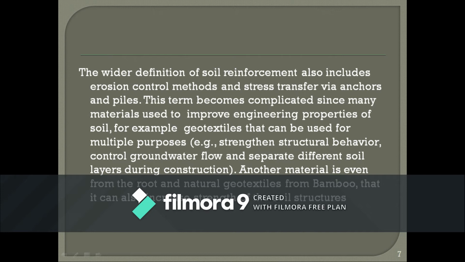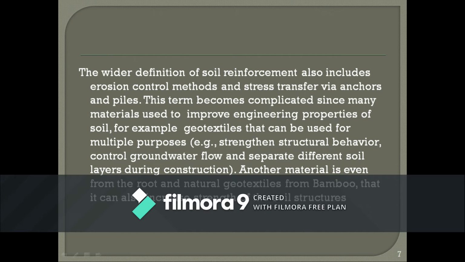In all these things, where you want the structural behavior to be strengthened, groundwater to be controlled, and separation of different layers during construction, in all these places we are going to use geotextiles. Another material is from the root, and natural geotextiles from bamboo can also increase the strength of the soil structure. So even though we are using different materials, bamboo is one of the materials used in order to increase the soil structure.